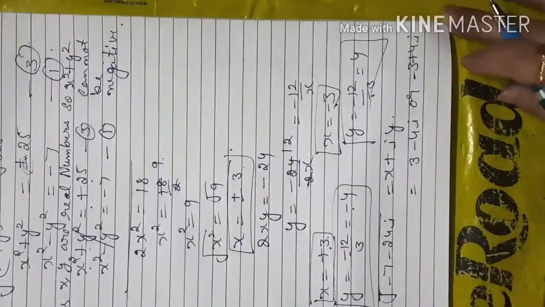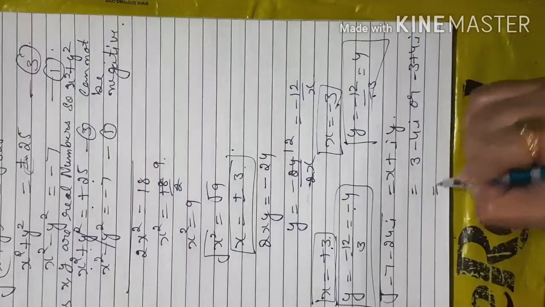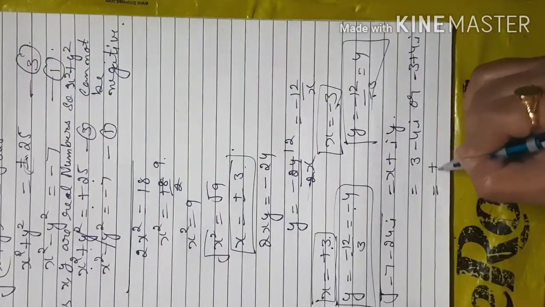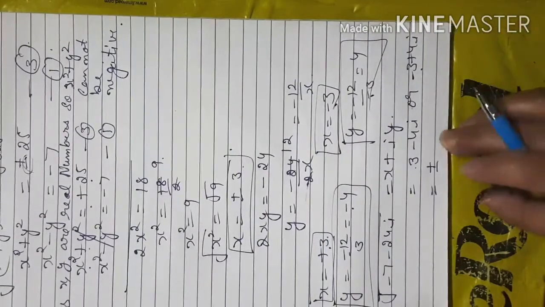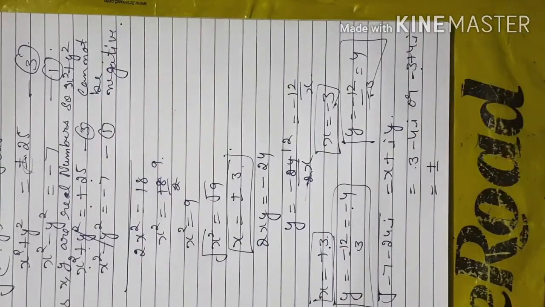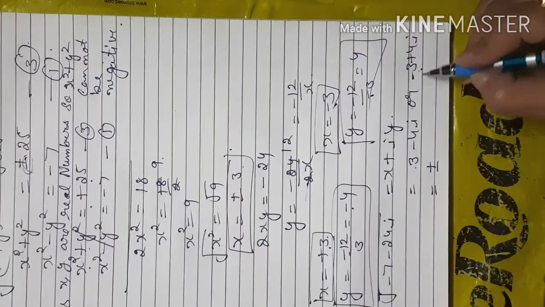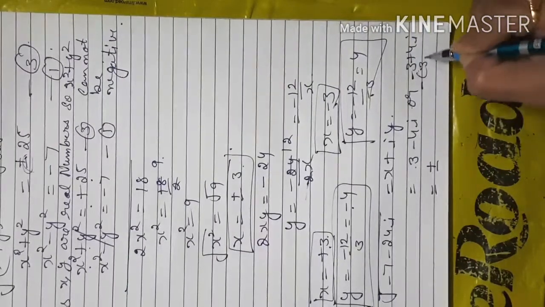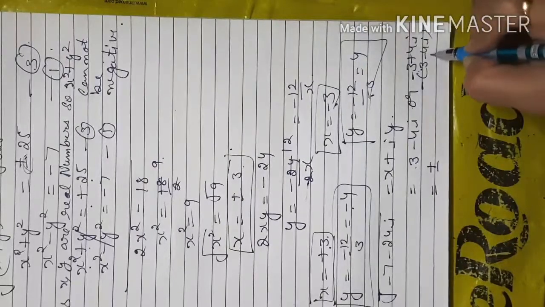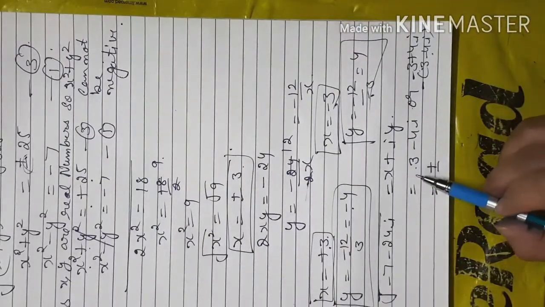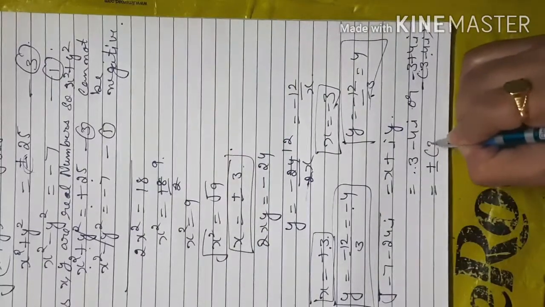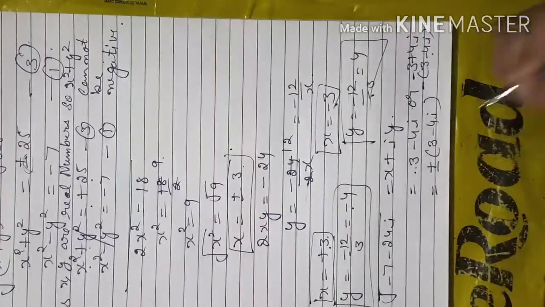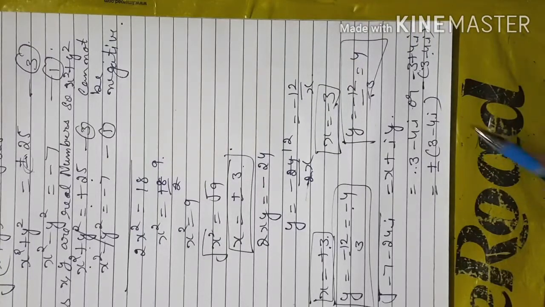If I have two values, I always write them in a combined format like plus minus, because one is positive and one is negative, and inside I take 3 minus 4i. Why? Because if I take the negative sign common, it is again 3 minus 4i, since this term is the same, only one is positive and one is negative. So I write it in the combined format, plus minus 3 minus 4i. So plus minus 3 minus 4i is my required square root of the complex number.